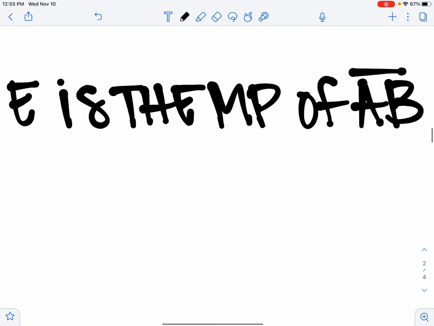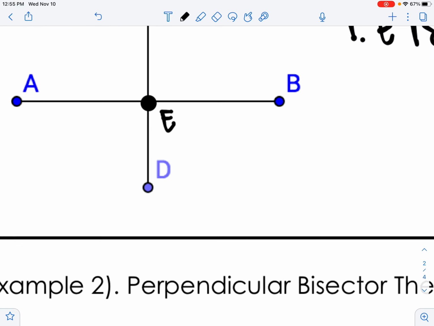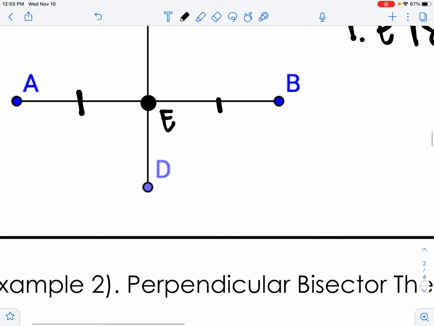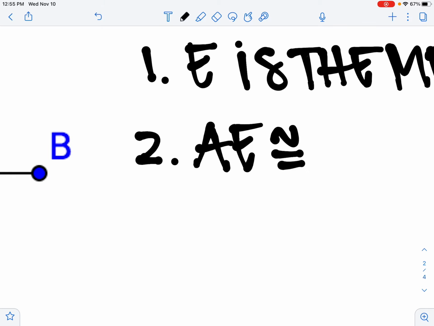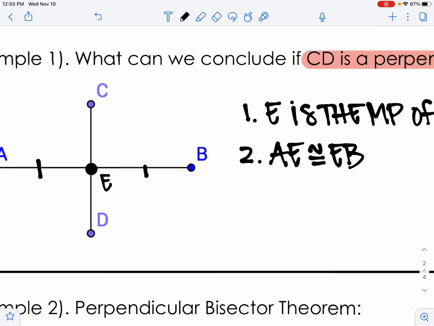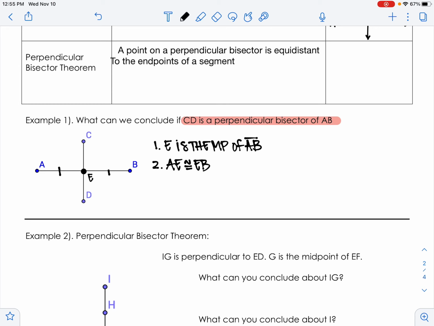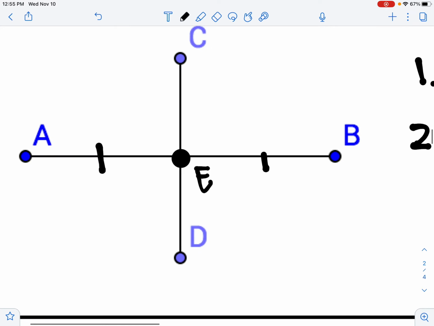And if I know E is the midpoint, then AE has to be congruent to EB. Now, the first component of perpendicular bisectors was that it had to pass through the midpoint. But what I now also know is that they have to be perpendicular.